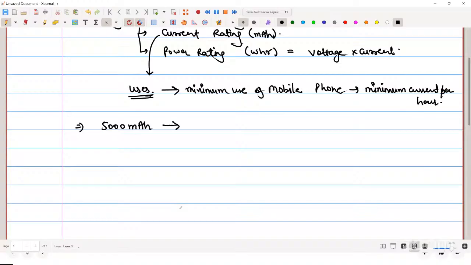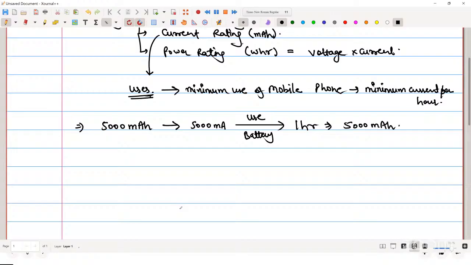If we use a 5,000 milliampere current, I can use that battery for 1 hour. So the multiplication is 5000 milliampere hour.